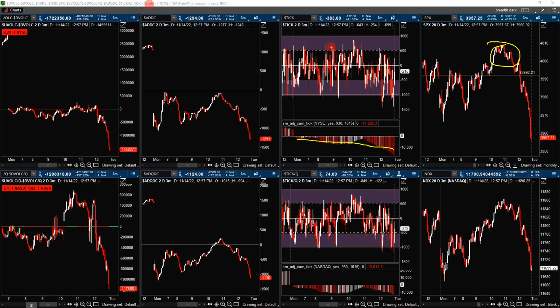So that gives you a clue that, hey, this gain is not going to hold. That's why it's important to watch these internals, right? And you also could see the down volume is much more than the up volume. So watch the internals. This is market-generated information that will give us a sign of what the market is actually doing underneath, not just on the surface, watching the index going up and down.